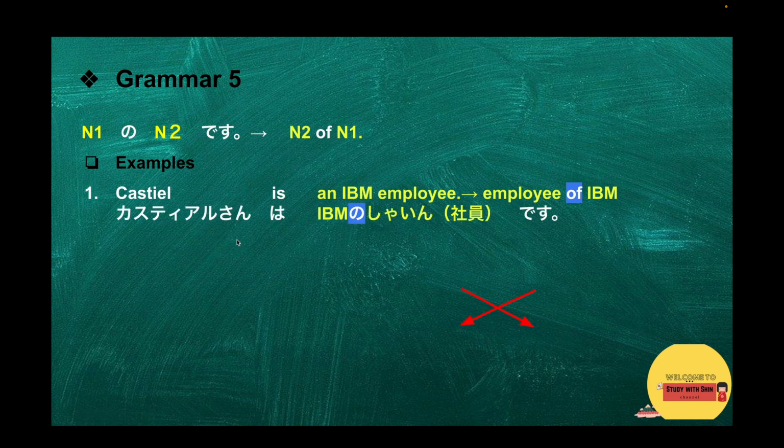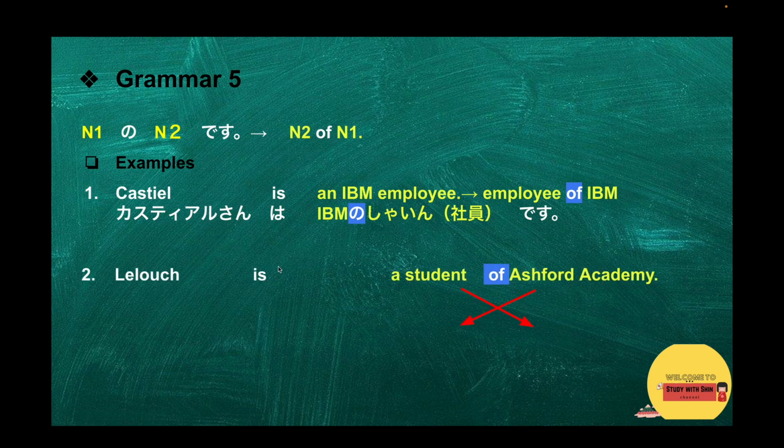So in order to say that in Japanese, we will say カスティアルさんは IBM の社員です. 社員 means employee. IBM の社員です means employee of IBM, which has the same meaning as IBM employee.